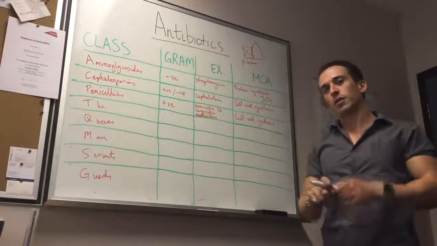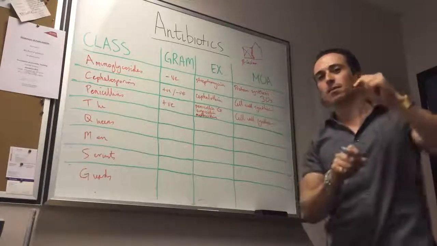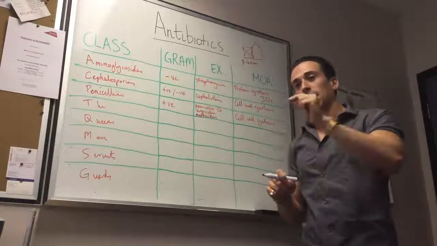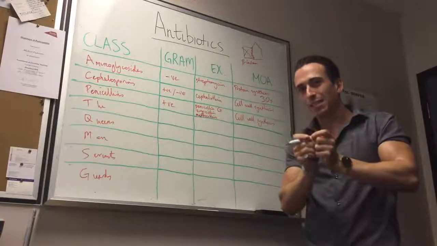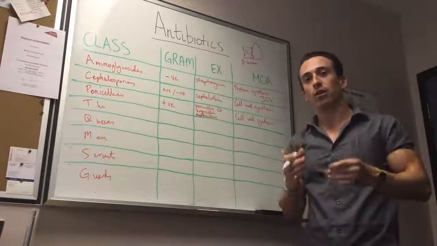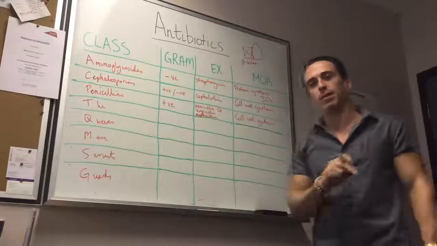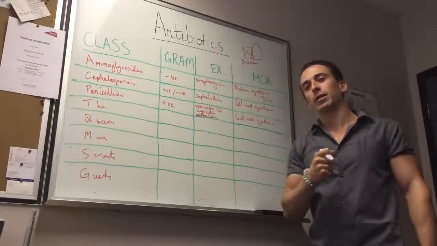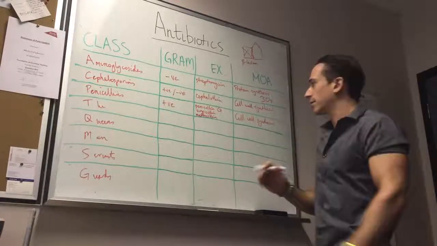However, you may have heard of MRSA, methicillin-resistant Staphylococcus aureus. In that title we have "resistant", so there are now bacteria that have become resistant even to methicillin. This highlights how easy it is for bacteria to become resistant to certain antibiotics.